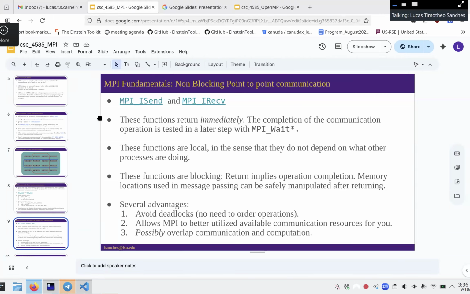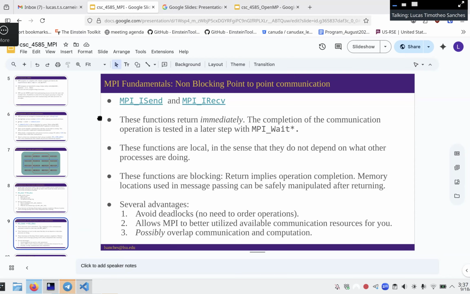So MPI I send and I receive are going to do exactly the same kind of thing. They're going to send a count of bytes to another process, which is going to receive that same count of bytes and put that into a buffer of its own. The difference is that they return immediately. So you call these functions and they return.